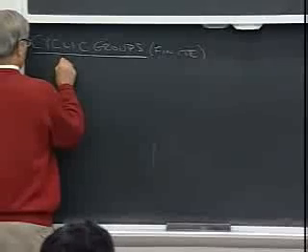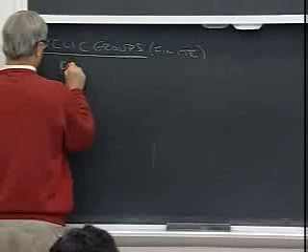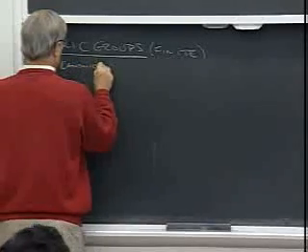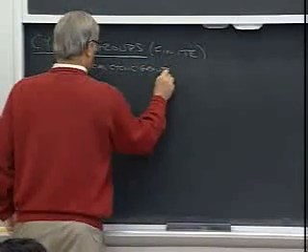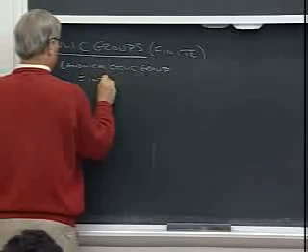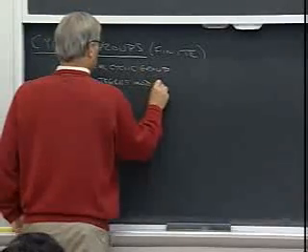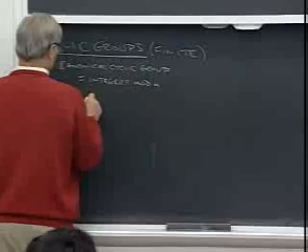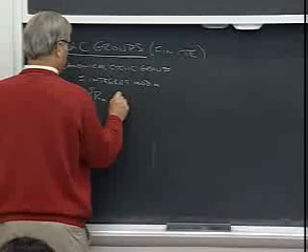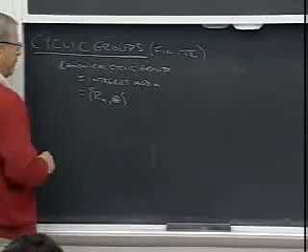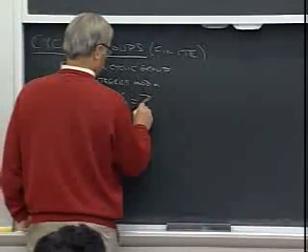Let me first put up the canonical cyclic group, which is the integers mod n, which means the set of residues mod n and the mod n addition operation, which is written just as Zn.